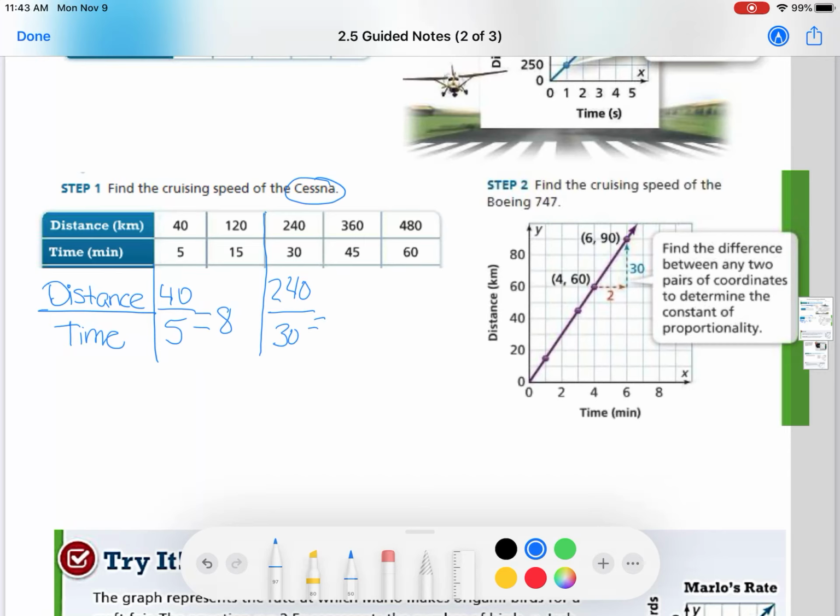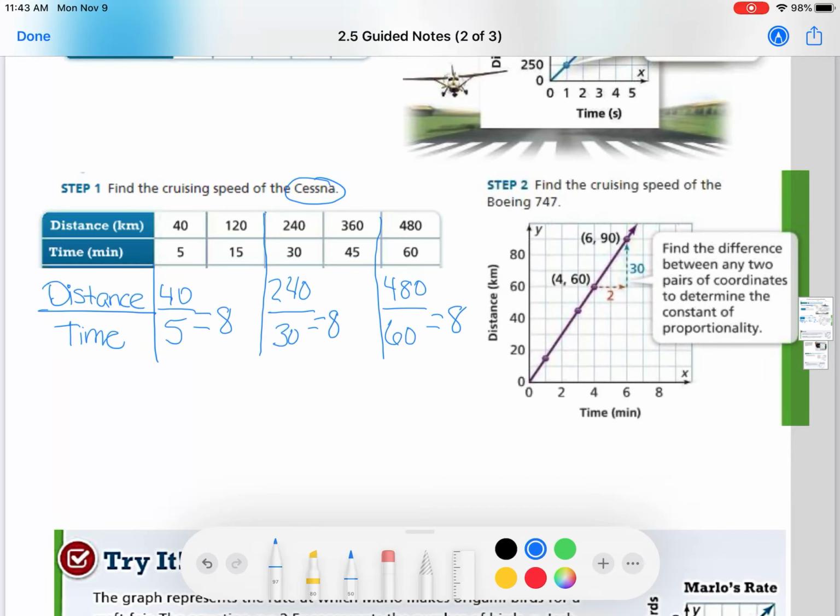What's 240 divided by 30? That also gives you 8. Let's try it one more time with this last one. Again, you could do this with all of these. I just skipped some so that it didn't get too squished and messy on the screen. That last one, 480 over 60, also turns into 8.